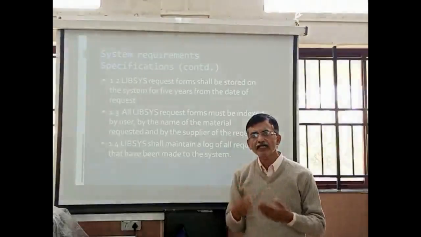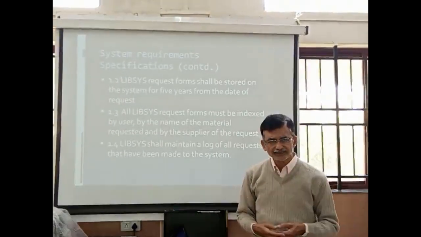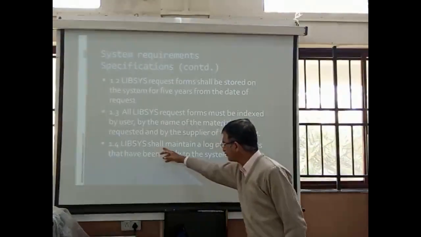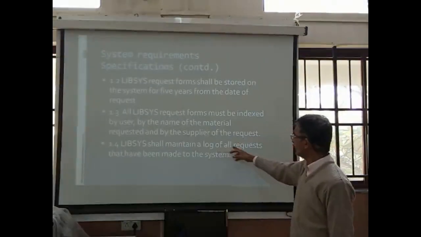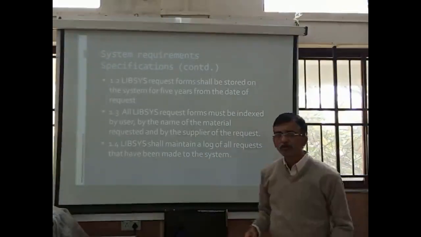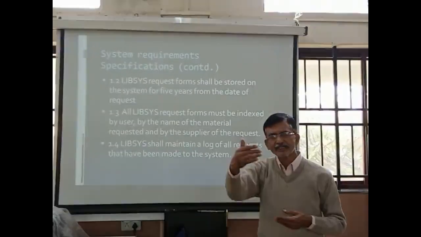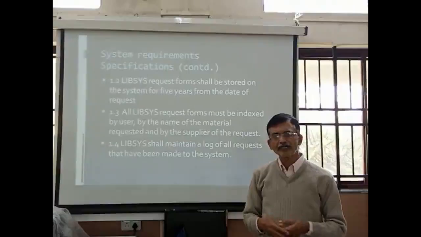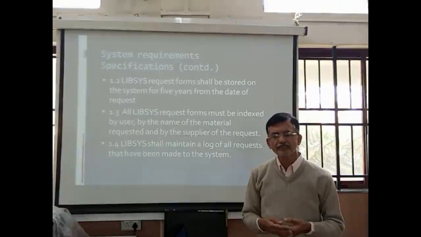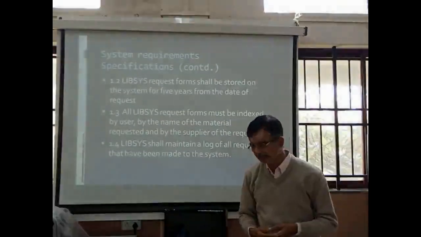See, you can understand how detailed statements are mentioned as far as system requirements are concerned. Fourth, every system shall maintain a log of all requests that have been made to the system. So all the details, as per the time frame, all the records shall be maintained so that at any time the request made by the customer or the user can be made available. So records should be kept very properly.